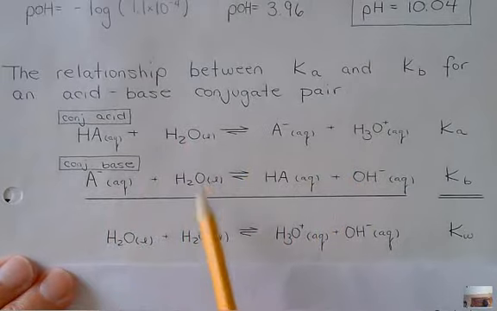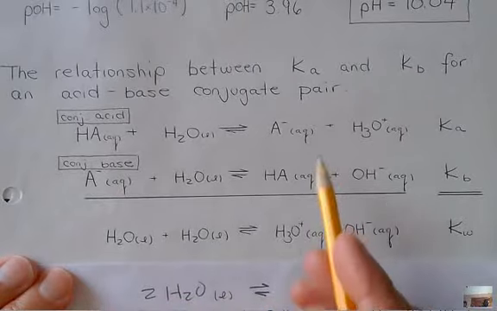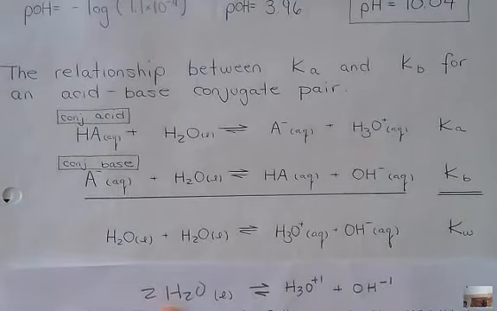Okay, so what's water plus water? Water plus water is two waters. I could write that even simpler. And left on this side, hydronium and hydroxide. Okay, we know the name of this chemical reaction, the autoionization of water, and that's called Kw.